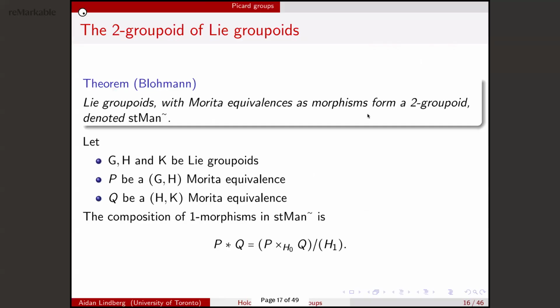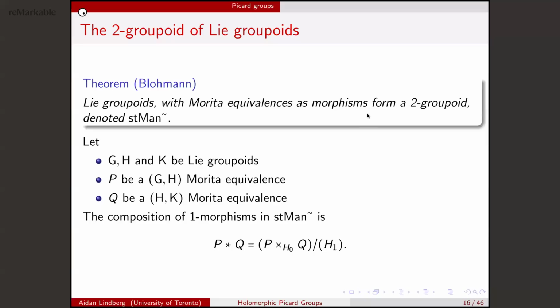Okay, so we have groupoids, and we have this notion of Morita equivalence between groupoids. So you can ask, if you're a categorically minded person, how do all these things fit together? And the theorem, which is like a folklore theorem, I think the only place I've seen a proof is in this paper of Christian Blohmann, says that Lie groupoids with Morita equivalences as morphisms between them form a special kind of category called a two-groupoid.